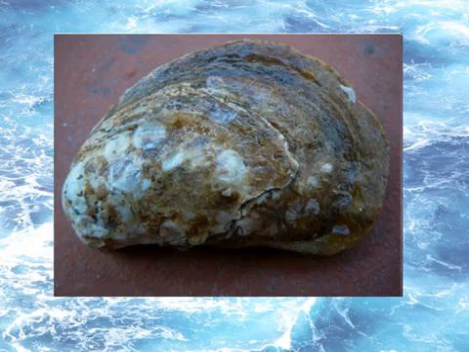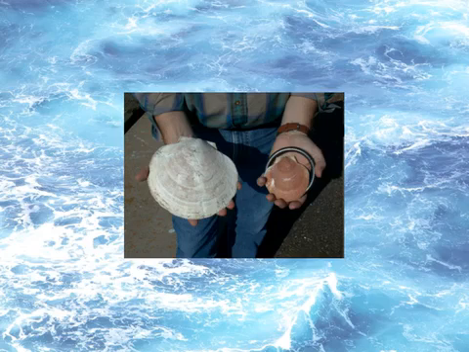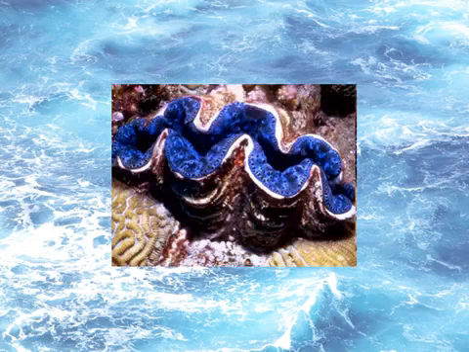So now let's look through some examples. Here's a bivalve. We can only see the 1 valve or the 1 shell here. Here's some scallops. You can see there's differing size and color, all sorts of scallops. Here's a clam that's underwater. You can see here the 2 shells.